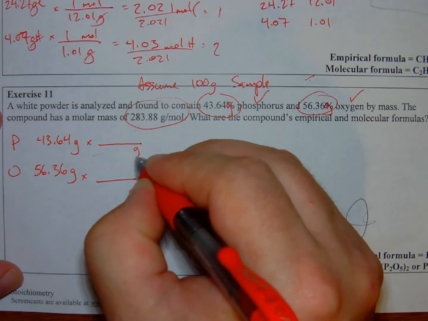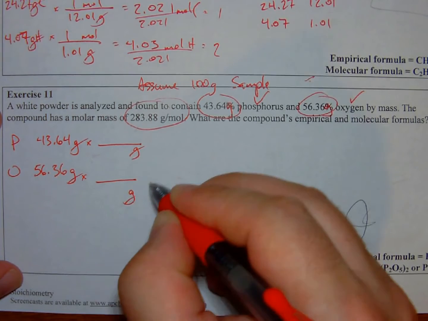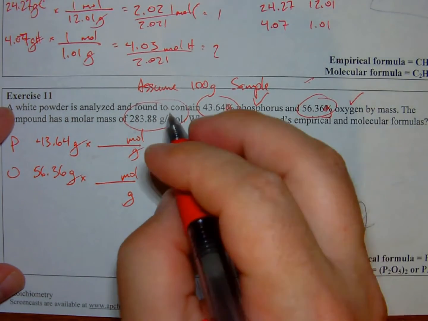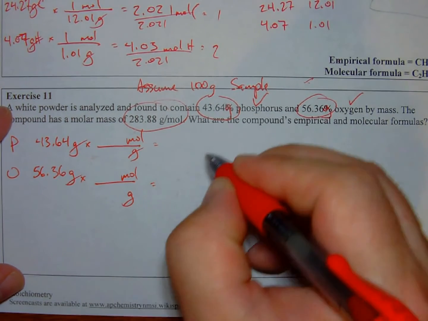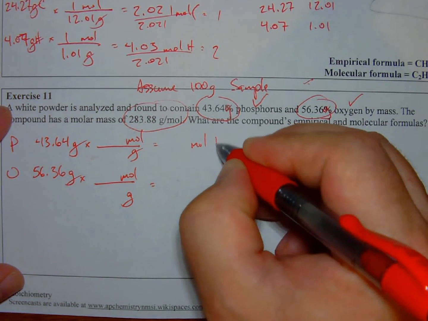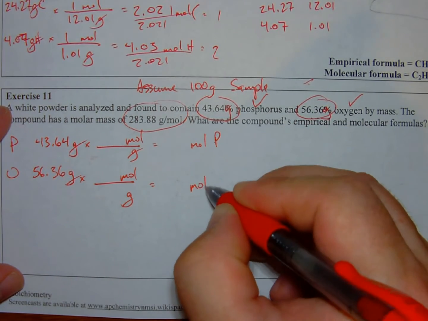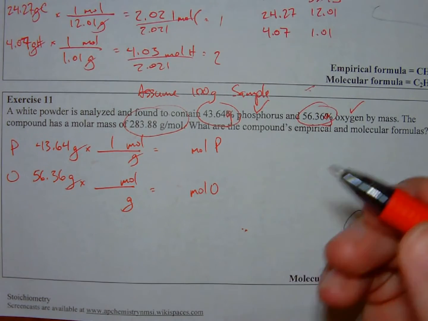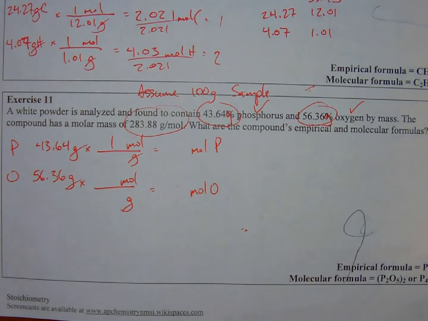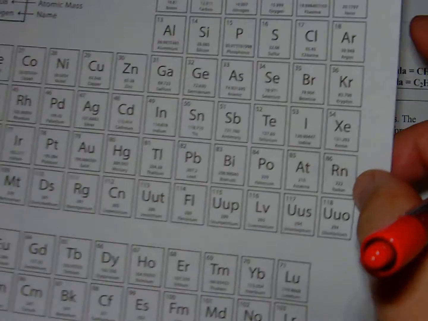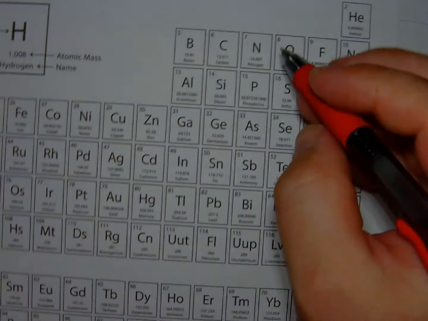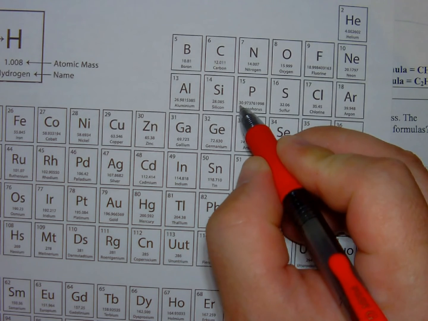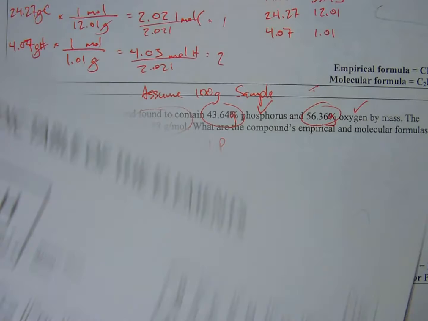Now I'm simply going to set up conversion factors, grams on the denominator so that they'll cancel. Moles will be on the top, right? Because I'm trying to convert into moles. That's moles of phosphorus. That's moles of oxygen. For every 1 mole of phosphorus, I have 30.97 grams of phosphorus.